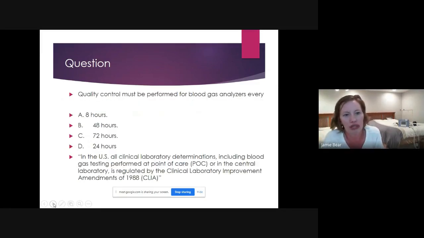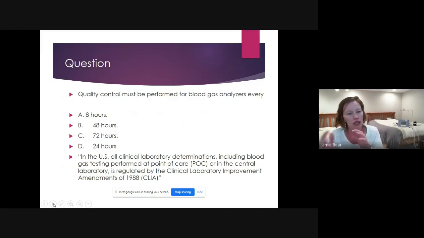Quality control must be performed for blood gas analyzers every... I would have no idea, but I might, because I used to work in a hospital. I know the lab techs came and did this, but the answer here is 8 hours. CLIA, the Clinical Laboratory Improvement Amendments of 1988, dictates quality control for ABG machines and point of care testing, like your rapid ones, the stat ones that you run in the ED.